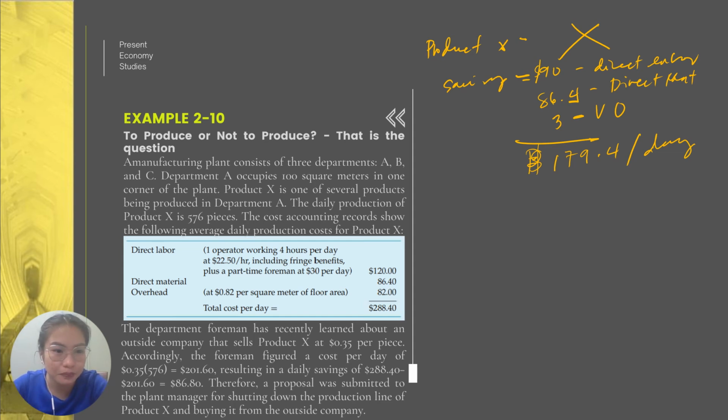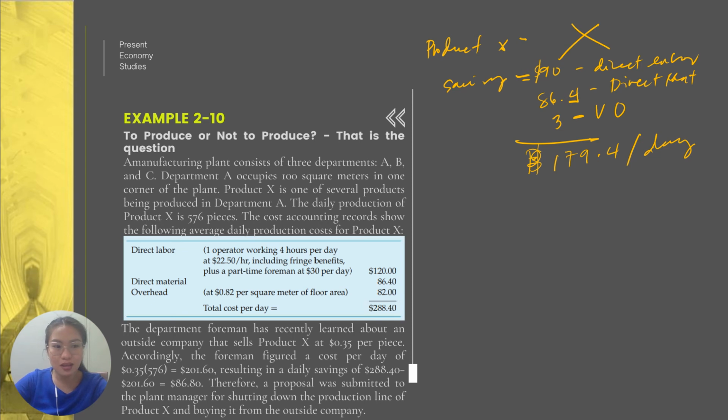So we have the 179.4 per day that was computed, right? This estimate of actual cost savings per day, if we compare it to the cost accounting records in the table on your left, that's $288.4.